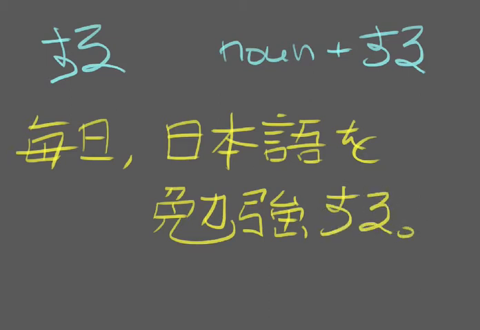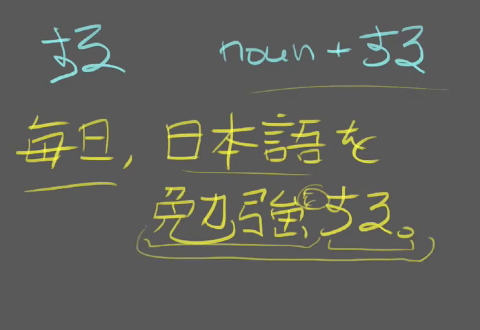Okay, so we've got mainichi, which is every day, Nihongo, which is Japanese, and benkyou suru, which is study. So here's the noun plus the suru, and you'll see that we don't have the O particle here, and this just becomes one single verb according to this rule. So noun plus suru, that's the one verb.